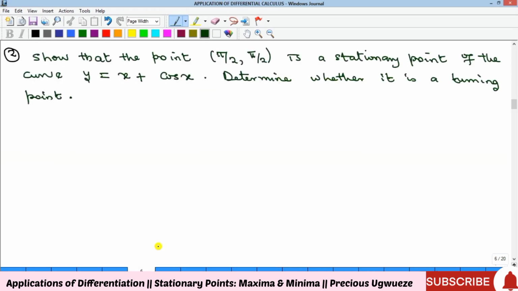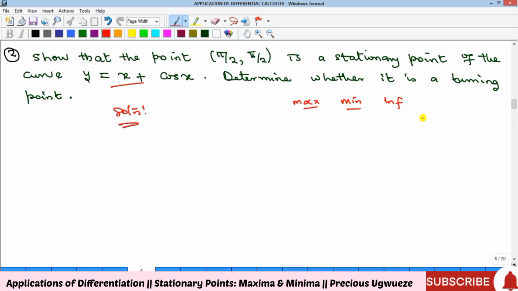Okay, so the last example we have in this section says we should show that this point here is a stationary point of this curve, and then we should determine whether the point is a turning point. So amongst the 3 types of stationary points we have, you will discover that only the maximum and minimum are turning points.